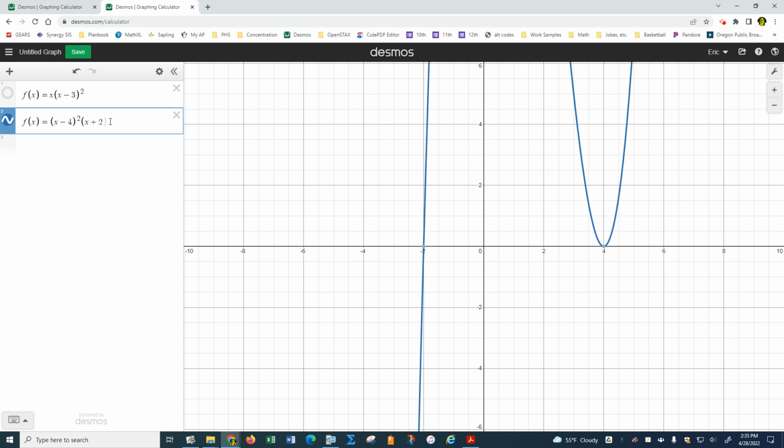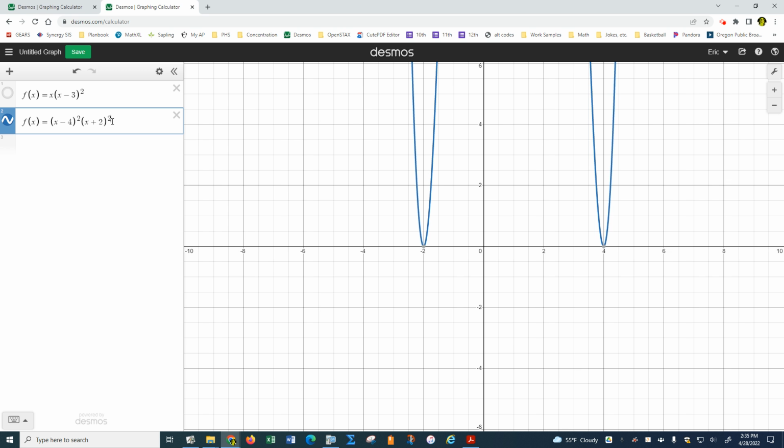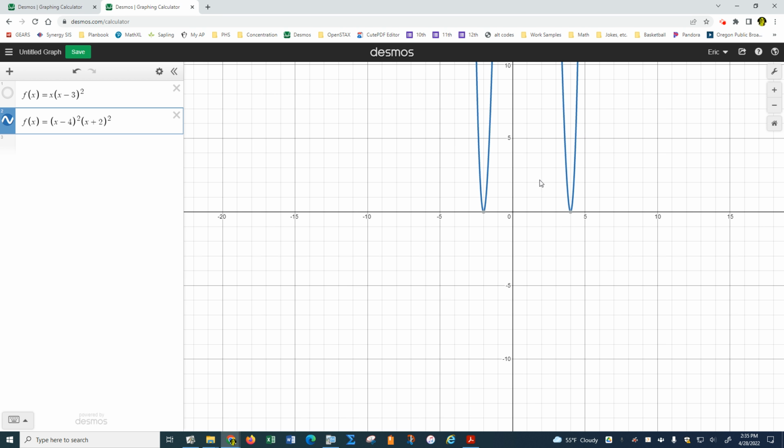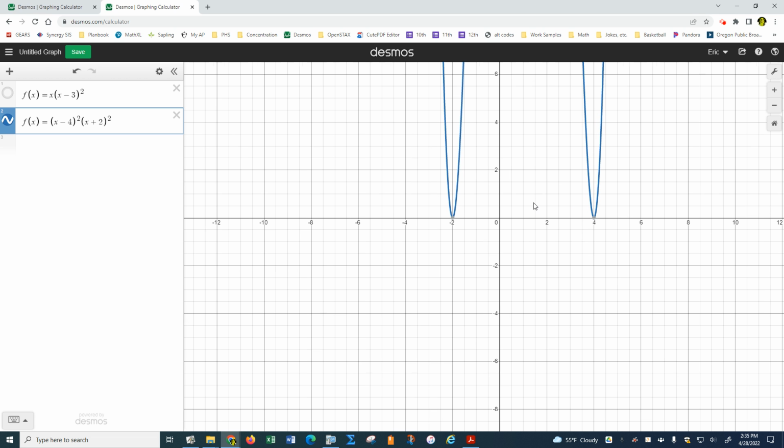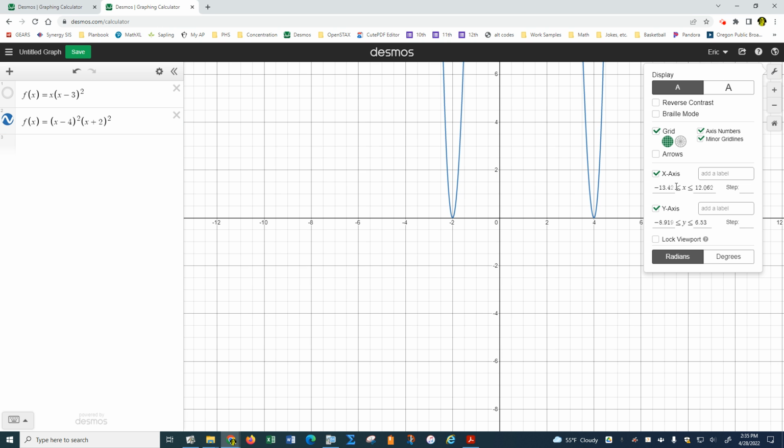Okay, if that's to the first power, it cuts right through. What if I make it to the second power? It's going to be another turning point. Everybody see that? Okay. What if I make it to the third power? What do you think it's going to do? Interesting question. I'm going to stretch this out just a little bit.